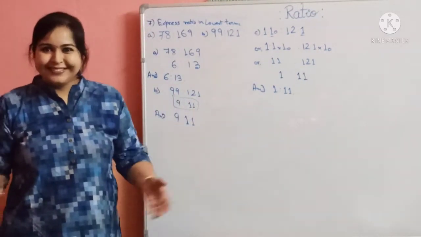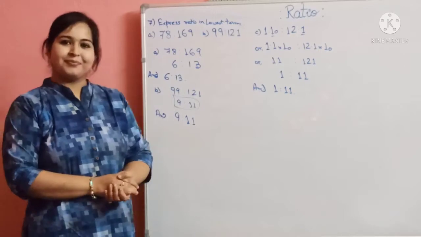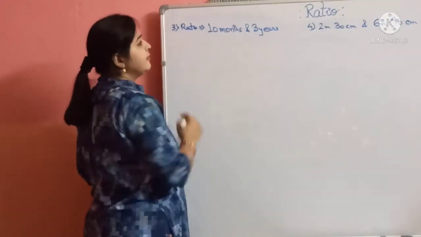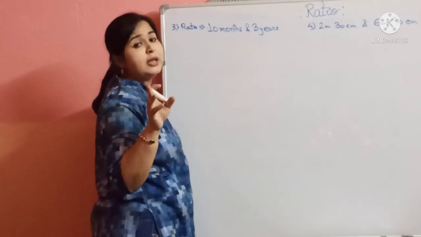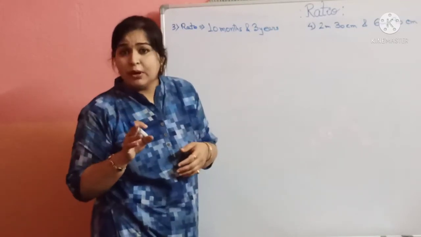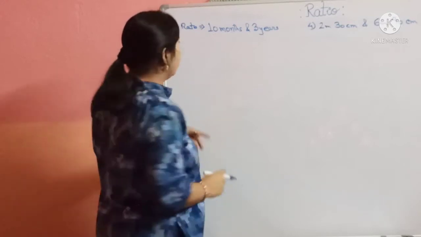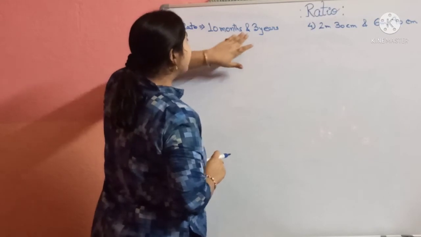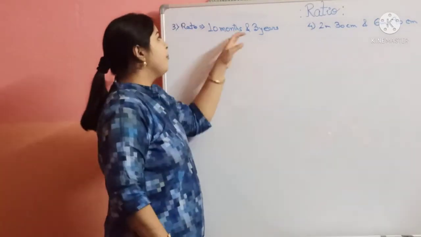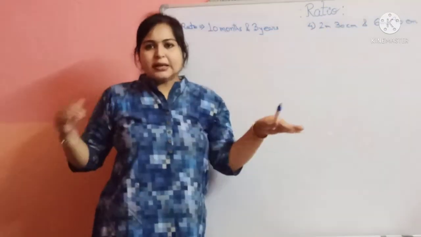Isn't it fun? Let's do a new, different type. Now find the simple ratio. We have different units, but we have to turn them into the same unit, as we do comparison in ratio of same quantities. What is given in the question? 10 months and 3 years. You will say, ma'am, is it a continuing one?